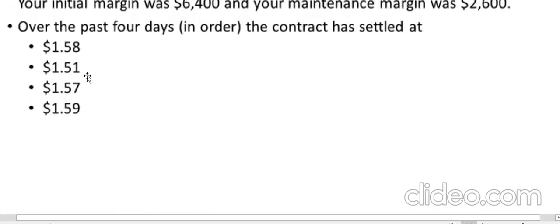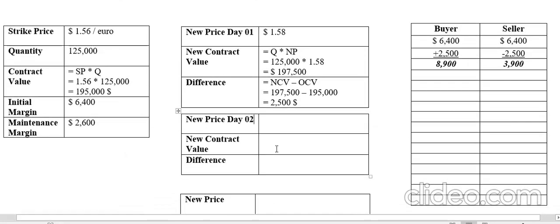To start with the second day adjustment, we need the ending price of the euro when the business day ends. So that's 1.51 for the second day. $1.51 is the fresh price.